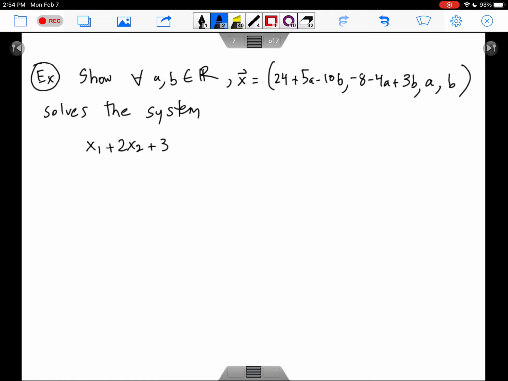x1 plus 2x2 plus 3x3 plus 4x4 equals 8. And 2x1 plus 5x2 plus 10x3 plus 5x4 equals 8.